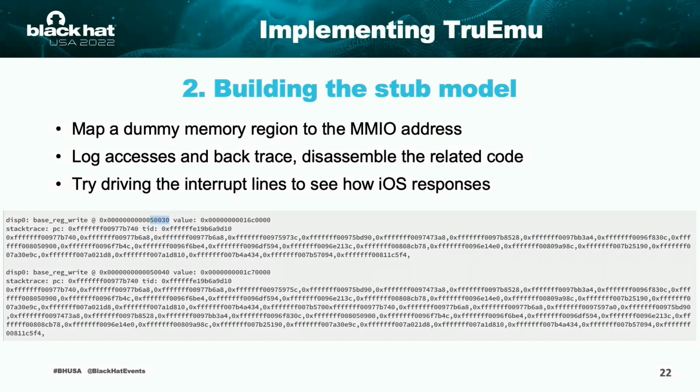We can also even try to drive the interrupt lines to see how those interrupts are processed. So here is an example log for the display controller. I don't know if you can see it, but we have the offset the CPU is writing to, the value, and also the backtrace PC, so we can easily navigate to the iOS kernel code.